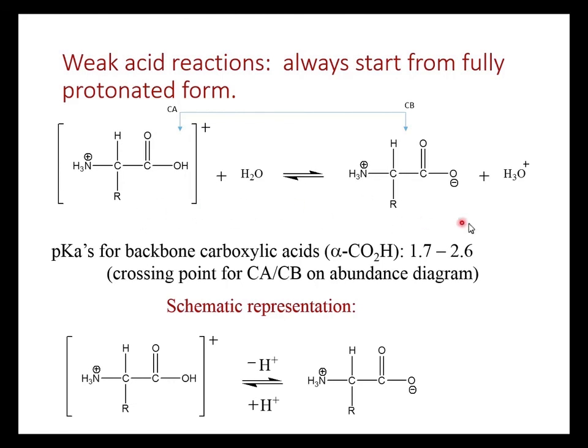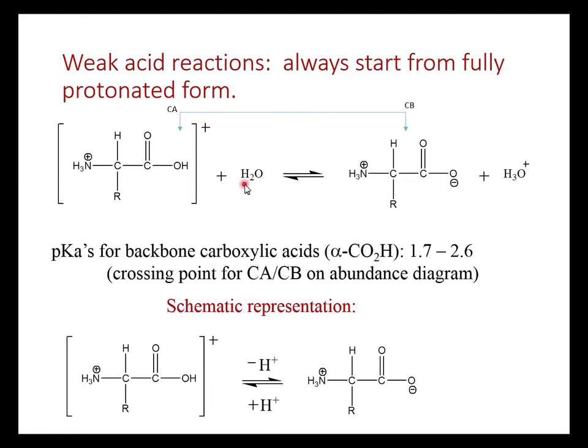This is a lot to write out, especially when you're drawing large structures with the full side chain. So we've developed a schematic representation shown down here at the bottom. You can see that you still have the fully protonated form and the form that has lost one H plus from the carboxylic acid to make the carboxylate ion.